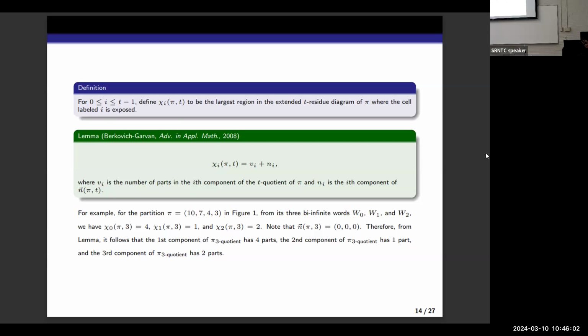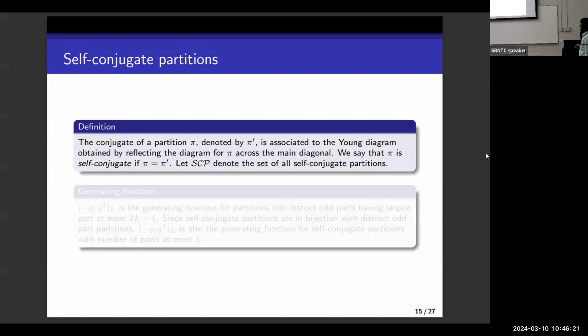So we can compute the T quotient, the multi-partition, explicitly, but all that today's talk will require is the number of parts, or a bound on the number of parts. We don't require how to compute it explicitly.